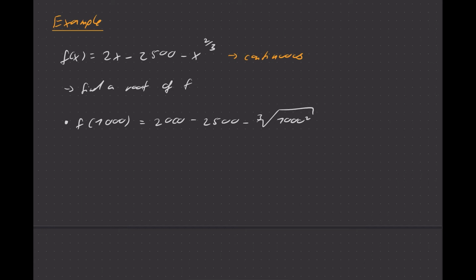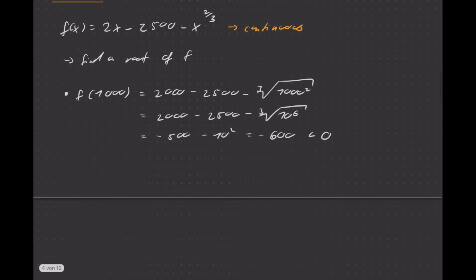So 1000 is 10 to the power of 3. That means 1000 squared is 10 to the power of 6. And then the third root of that is, of course, 100. So what we get here is minus 500 minus 10 to the power of 2, that's 100, so we have minus 600, and that's obviously negative. So we found the negative point. Let's see if we can find a positive point as well.